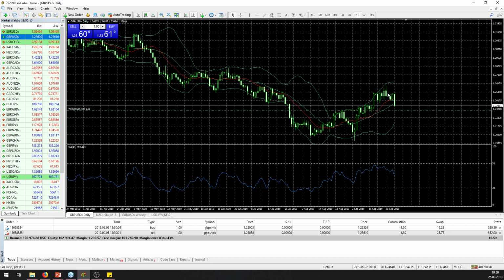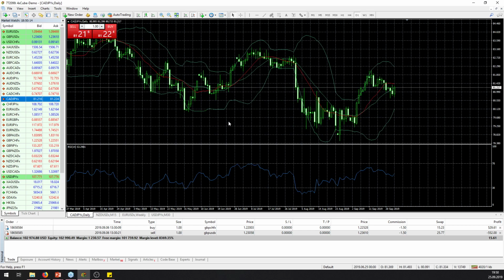I mean, we can very quickly have a look at if we can find another example. Let's see if we can very quickly do that. 3 white soldiers, as I've said, is very commonly used with long bullish traders. Let's have a look.